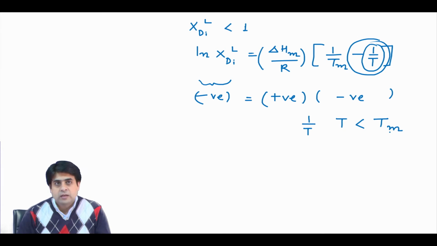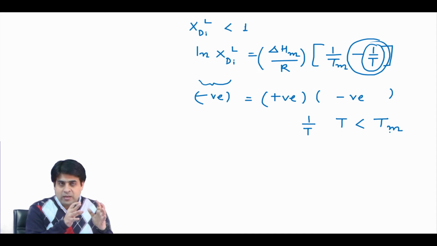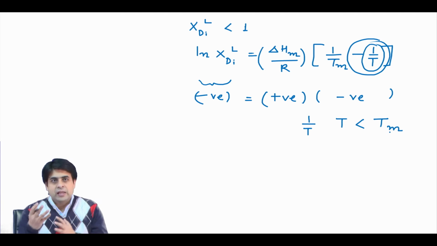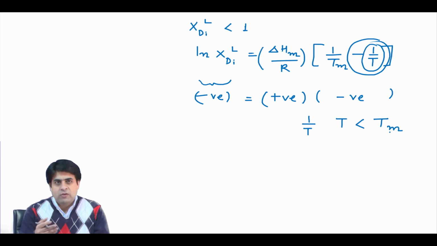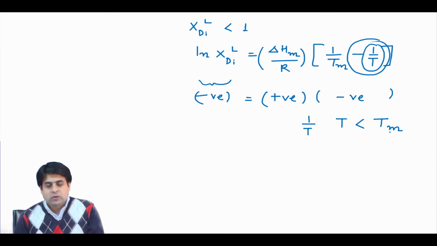What does it mean? The mole fraction of diopside going into the liquid will be only 1 when you are not mixing with something else. Okay. Then only you will have the mole fraction of diopside in liquid less than 1. So, basically you are adding impurity in the liquid. Okay.